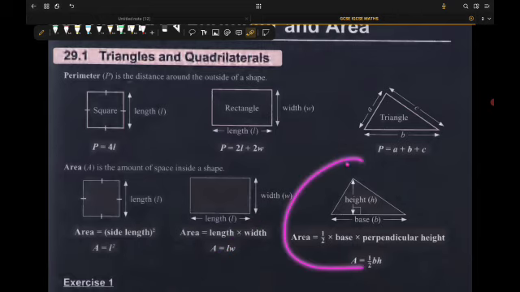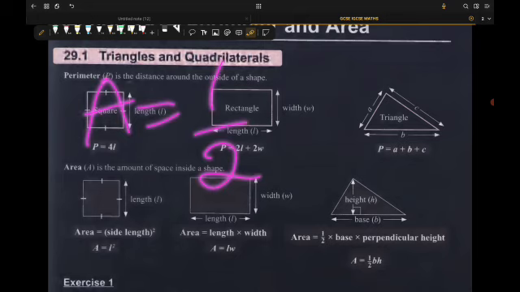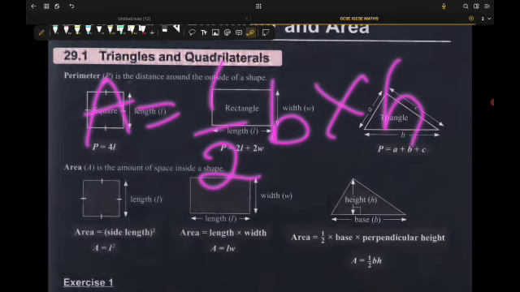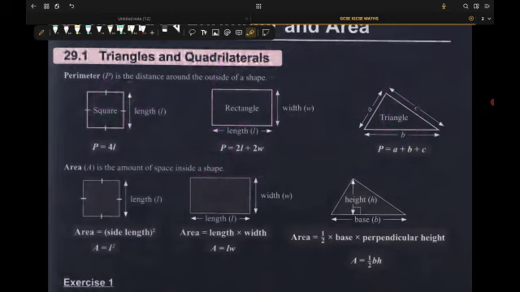Now let's move to area of a triangle. Area of a triangle, any day, is always equal to half base times height. One thing in mathematics is you really need to learn a lot of formulas by heart.